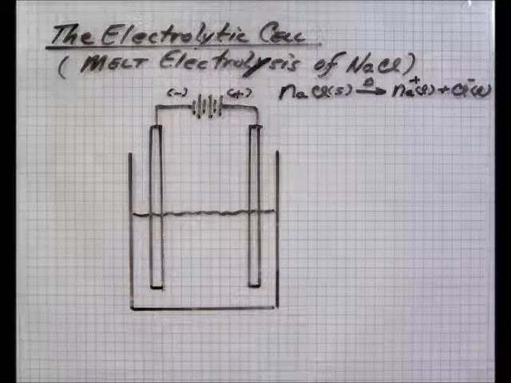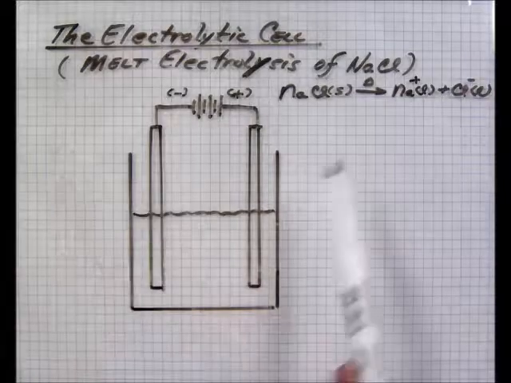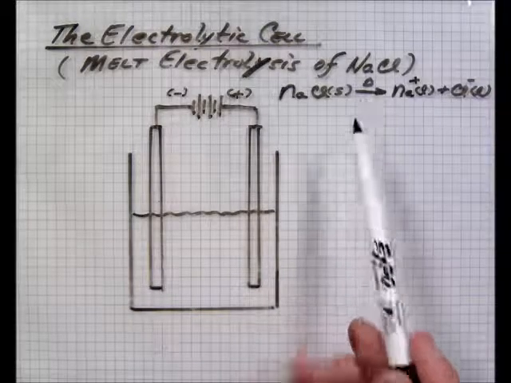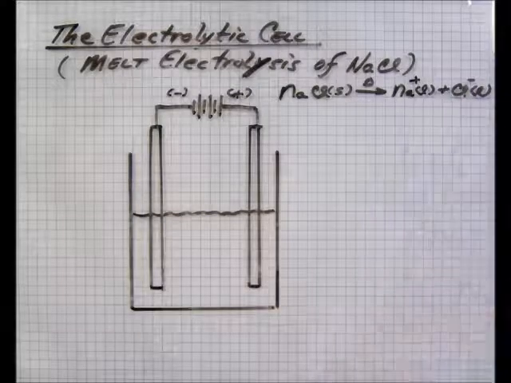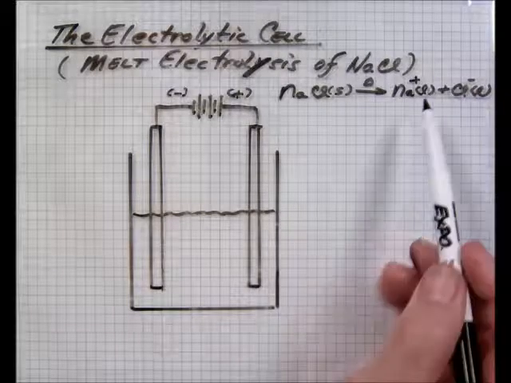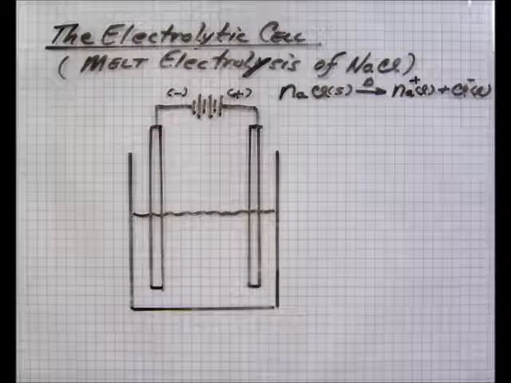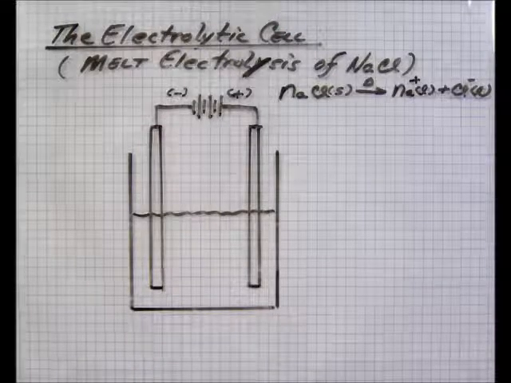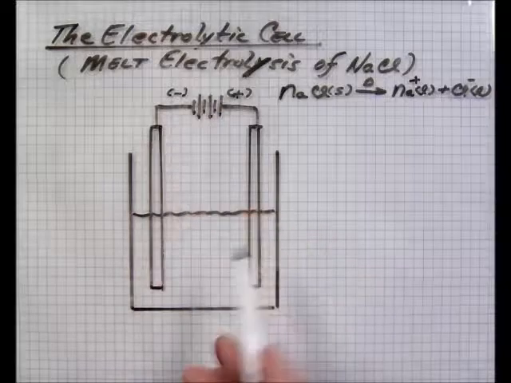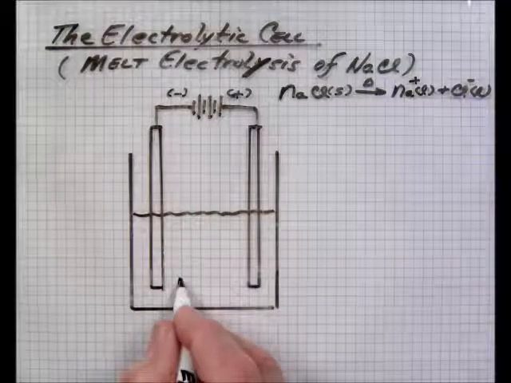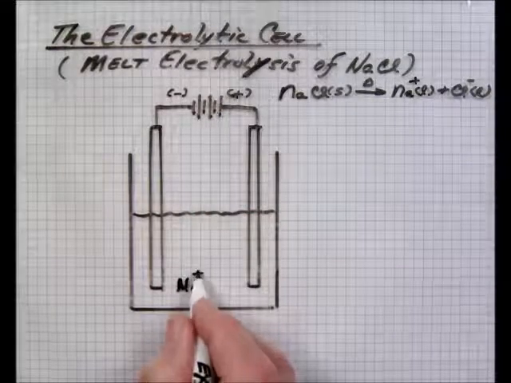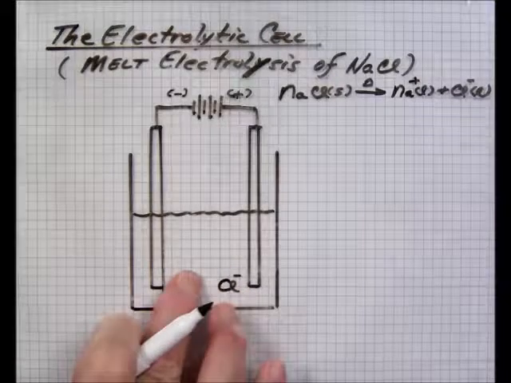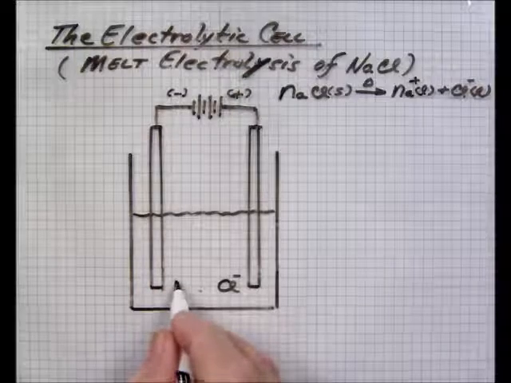But we'll begin with melt electrolysis, in which a salt, such as sodium chloride, is heated to its melting point, and we have ions of sodium and chloride moving freely in the liquid. So it contains, say, sodium ions and, say, chloride ions floating around in liquid form.